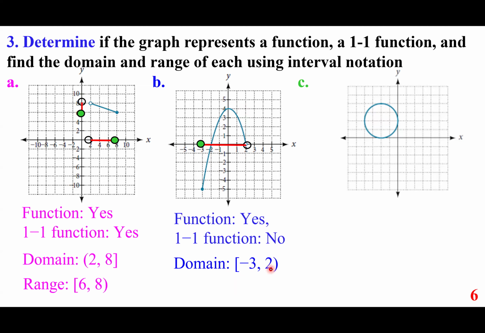Now, what about the range? If you break it down along the y-axis, it goes from here to here, which is from -5 to +4. So I hope you see how you come up with the domain and range.